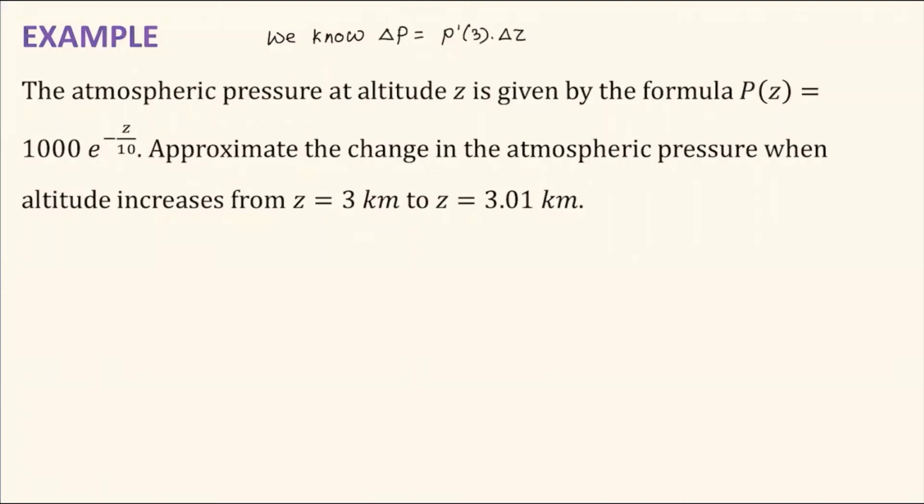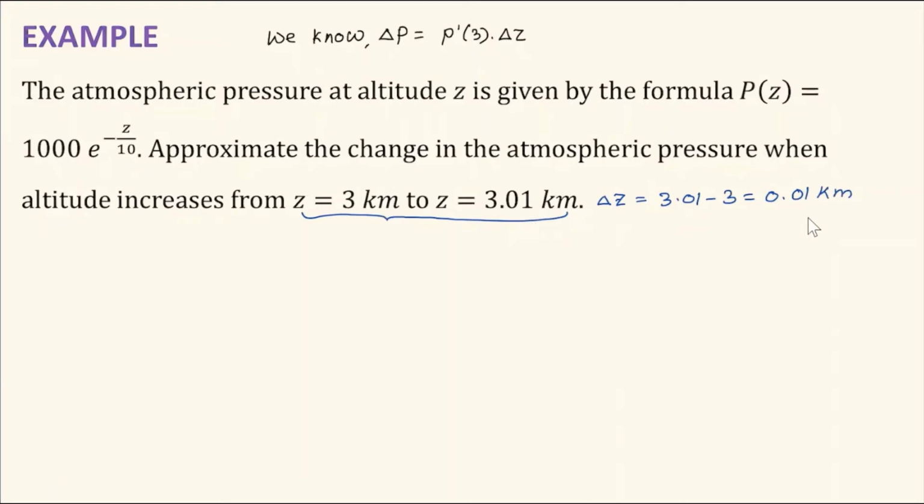So that is the formula that we'll be using here. Here z changes from 3 up to 3.01. So you can tell that the change in z is equal to 3.01 minus 3, that is equal to 0.01 kilometer. So altitude increases by 0.01 kilometers.